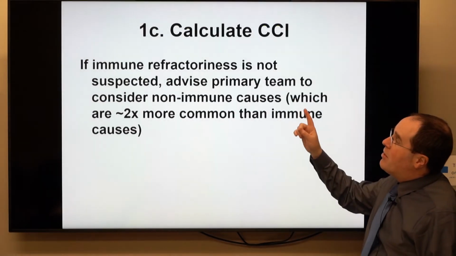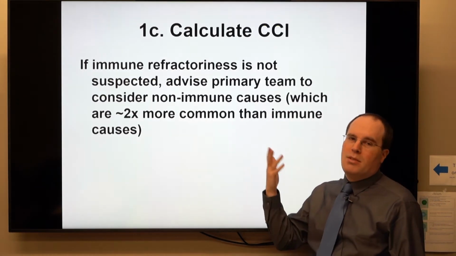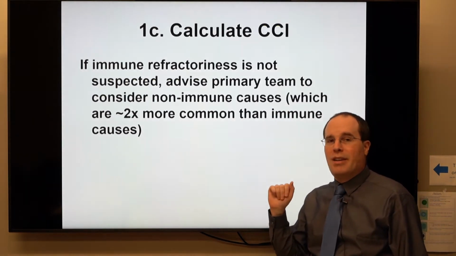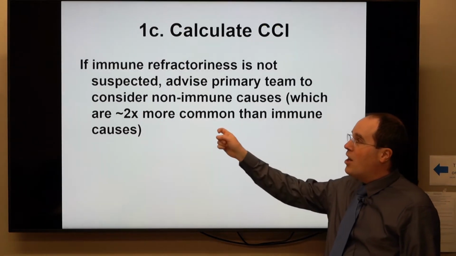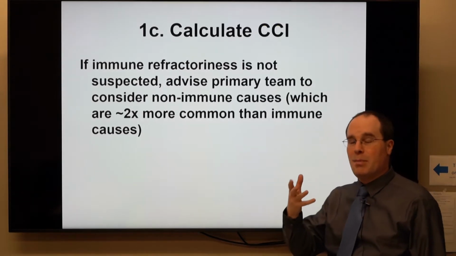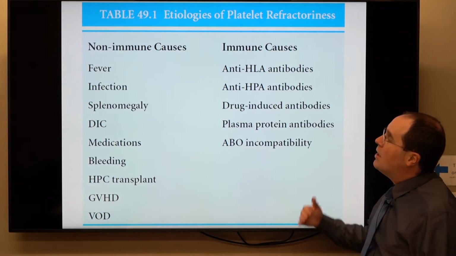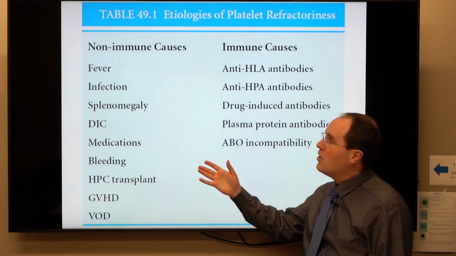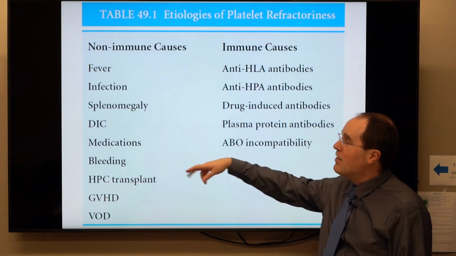So if immune refractoriness is not suspected, advise the primary team to consider non-immune causes, which they'll say, gee, thanks, we were already thinking of that. And also keep in mind that non-immune causes are about 2 times more common than immune causes. Nothing stops the patient from having both, non-immune and immune, of course. This you could learn on your own. Some common non-immune causes are fever, infection, even bleeding itself.